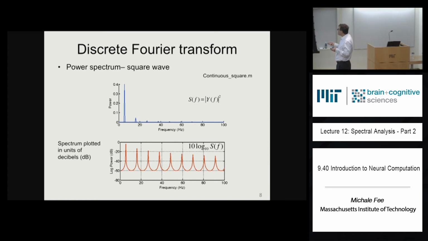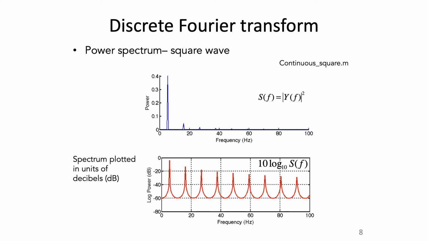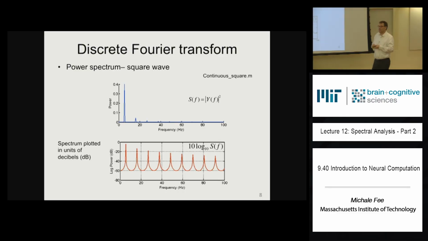So if a signal had 10 times as much amplitude, the power would be how much larger? If you had 10 times as much amplitude, how much increased power would there be? 100 times, which is how many bels?